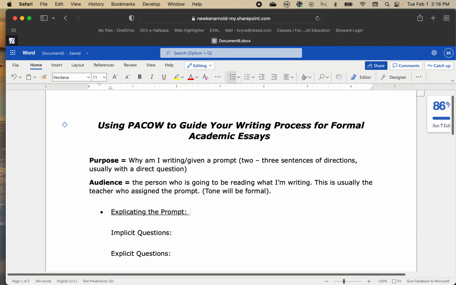Now, for me, when I talk about an explication, what I'm talking about is you're taking apart something. You're breaking it down into smaller pieces so that you can understand what the big picture is of something. So those of you who had Mr. Kirby last year, or if you were in another school with somebody else, 9 times out of 10, ninth graders read Romeo and Juliet.